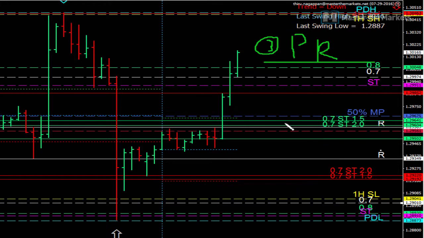Because the last thing you want to do when you get a signal is to have profit just 20 pips away but a stop 50 pips away. You don't want to take that, because the last thing you want is large losses. Okay, we don't want to take big losses, traders. We don't take big losses.